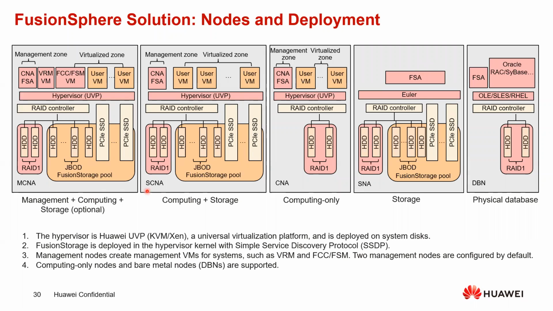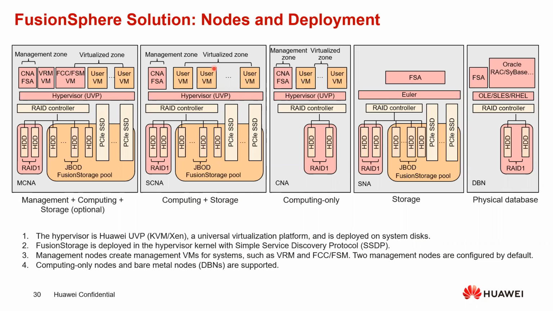The next one is called the SCNA. This node contributes storage space and also acts as a compute node. There are two roles here: the virtualization role, which allows you to create VMs, and the storage role, which provides storage space. That is called storage CNA, meaning computing plus storage together in this node.